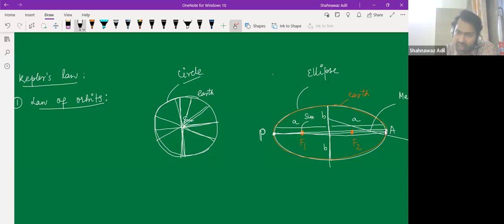And this A distance is the farthest, longest distance between the Sun and the Earth or the planets. So this is called the perihelion, and this is called the aphelion. So this point is at the shortest distance, and this point is at the largest or longest.